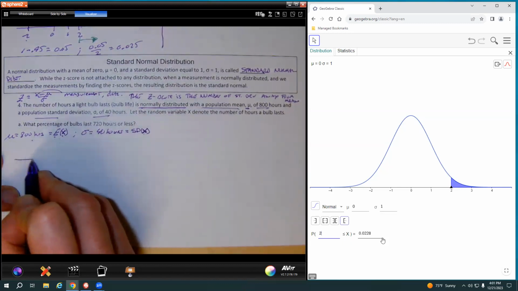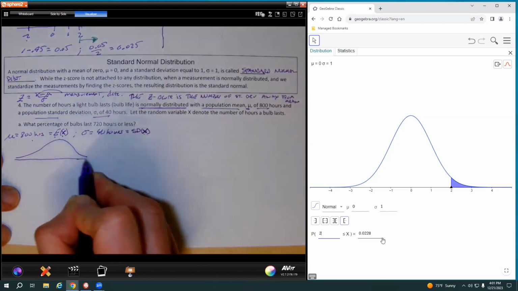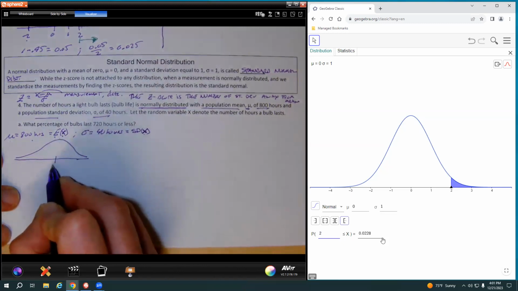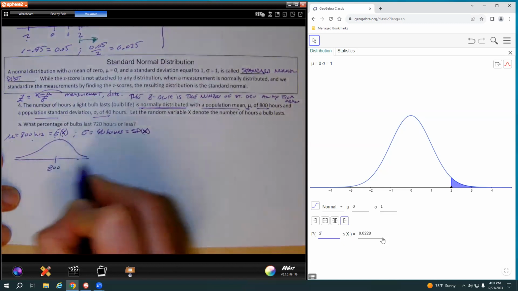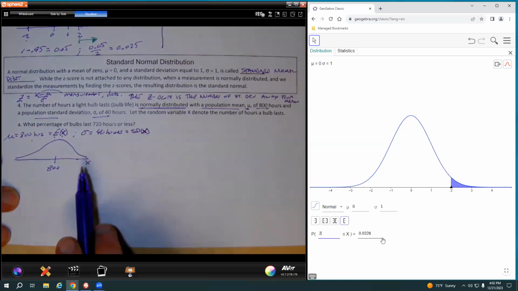So next I'm going to draw my picture just to remind myself that this is a normal distribution. I'm going to put the center here, and I call this X. I could call it anything I want. I don't have to call it X. It's a number of hours, so I could have called this H if I wanted to. But I'm not going to get too creative at the moment. So I will call this X.